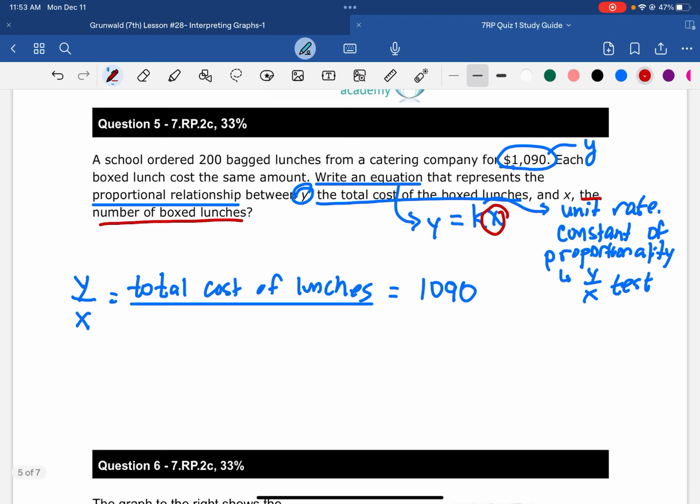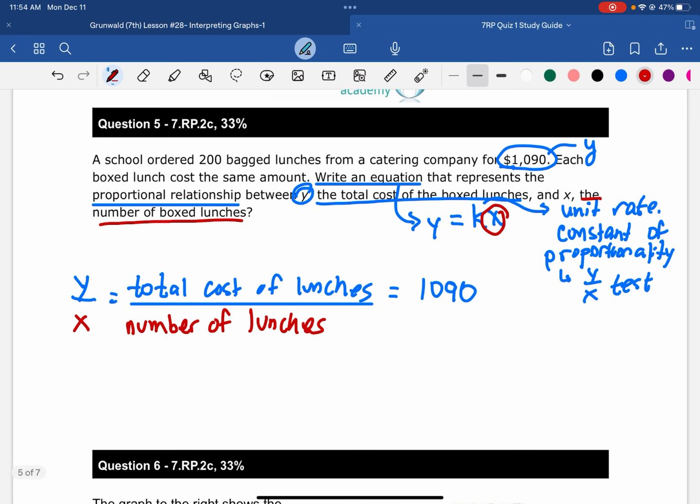So x is talking about x, which is telling us the number of lunches. Doesn't matter if it's boxed or bagged, it means the same thing really in this problem.